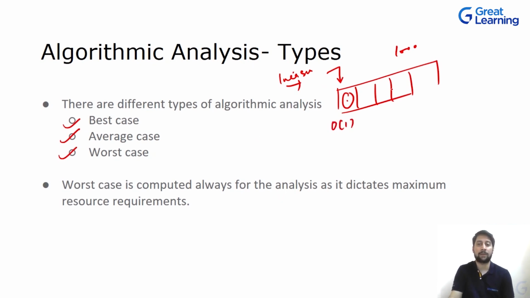Now if you talk about the average case, it will be somewhere around the middle, about 1000 divided by 2, or you can say big O of n divided by 2.